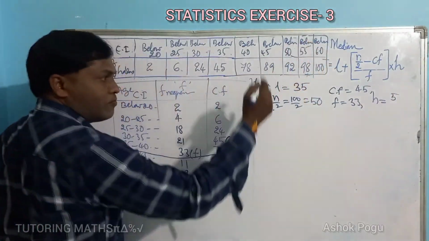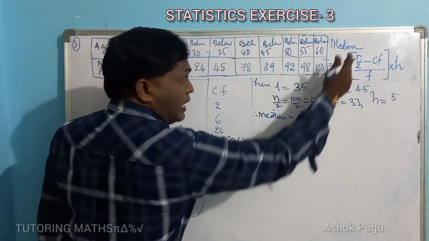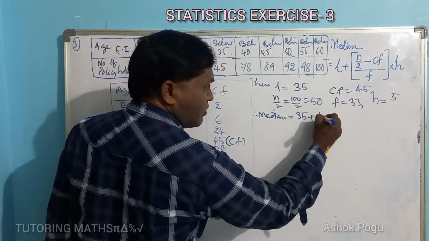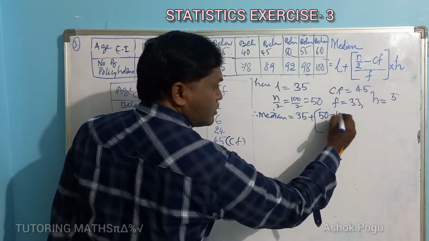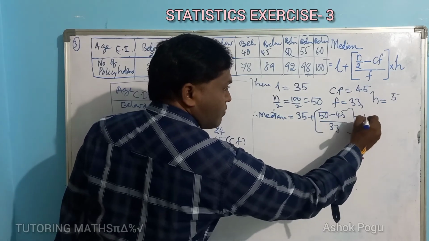Just substitute in the formula. Therefore, median is equal to L, 35, plus n by 2 is 50 minus cumulative frequency 45, by small f 33, into height 5.